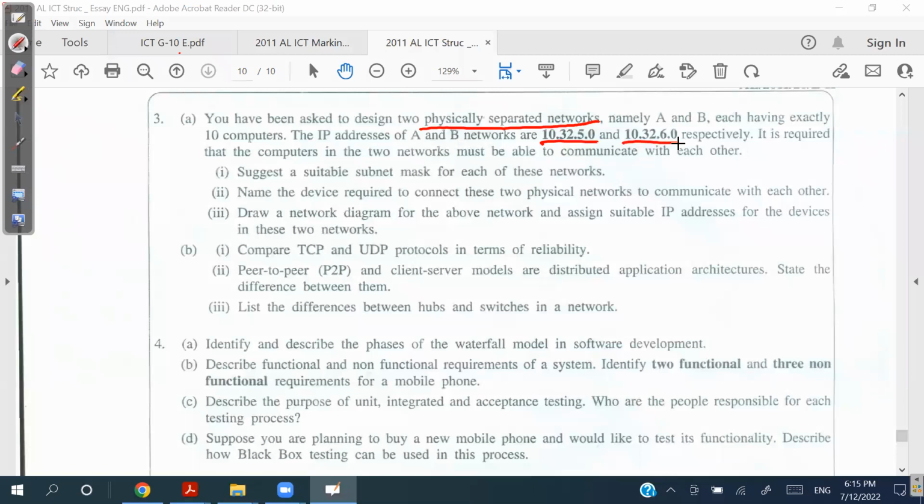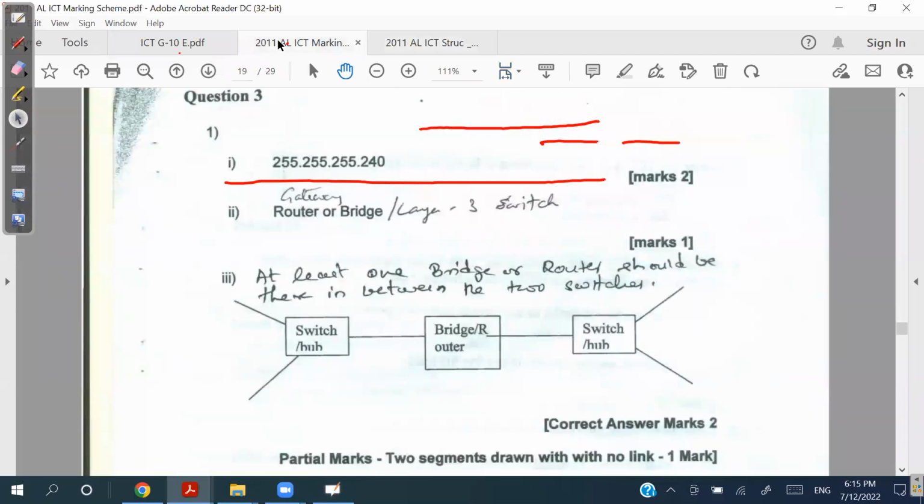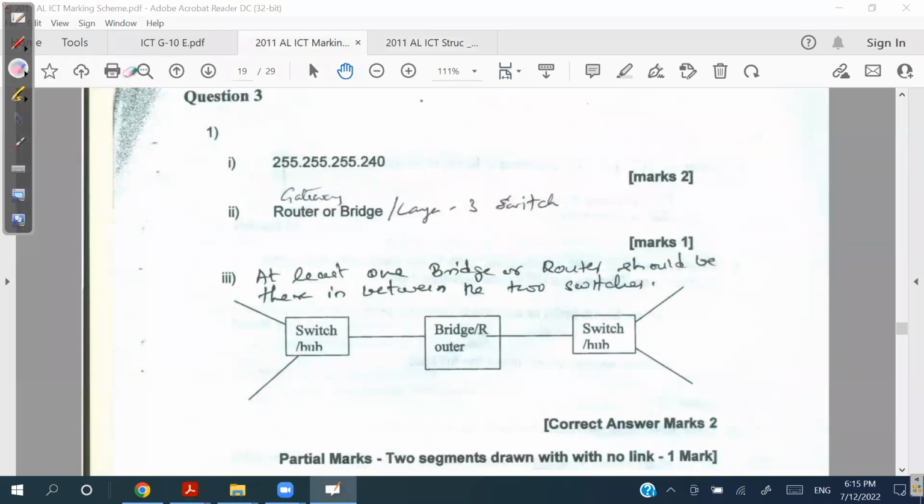So first, it is asking you to suggest a suitable subnet mask for each of these networks, right? So they have taken 255.255.255.240.